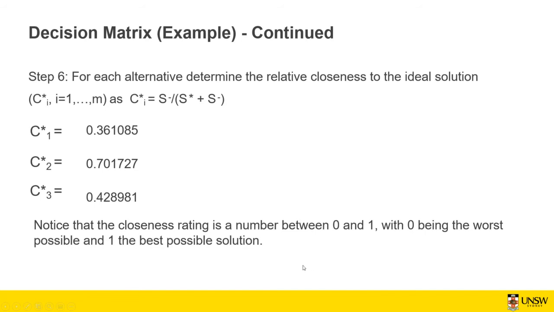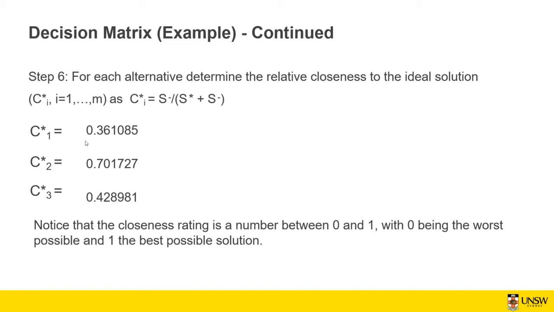One thing that you need to note is that the closeness rating is a number between 0 and 1, with 0 being the worst possible and 1 being the best possible solution. So these are your final values, which are attributed to each project. C1 star is attributed to project 1, C2 star to project 2, and C3 star to project 3.